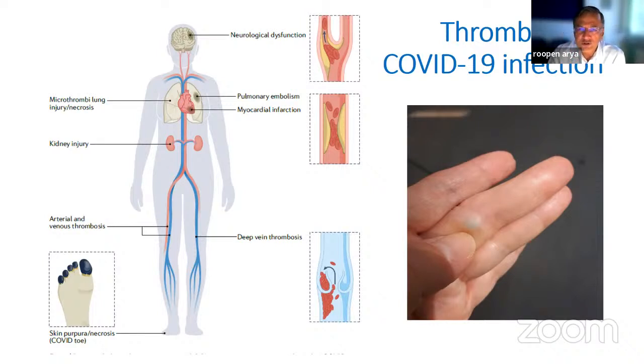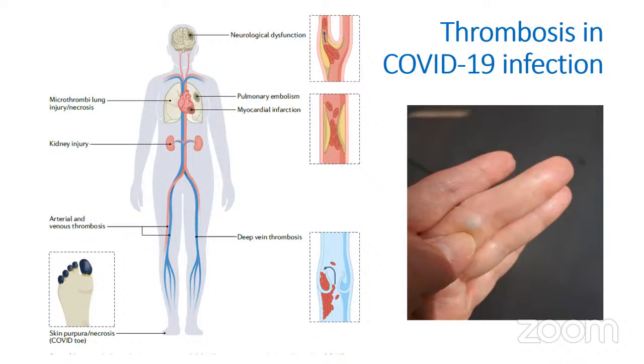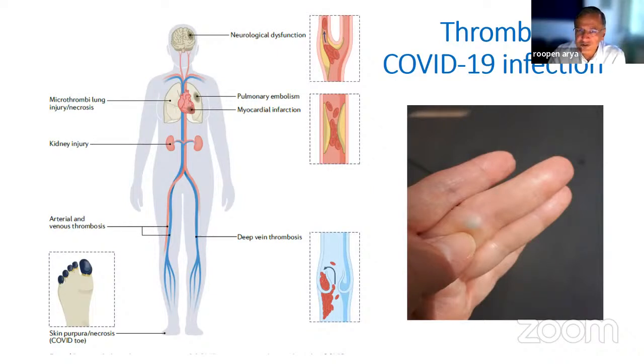And we saw also arterial thrombosis, stroke in about 3% of patients, and myocardial infarction in 9% of patients. And we had COVID toes, COVID fingers. The photograph on the right is one of our mildly affected patients with palmar digital vein thrombosis.